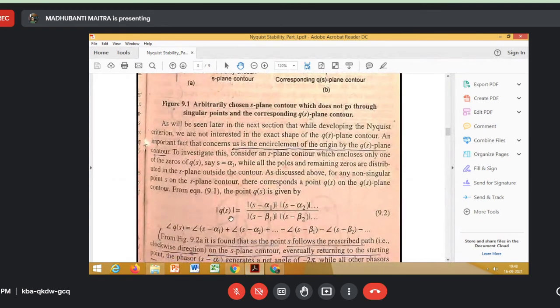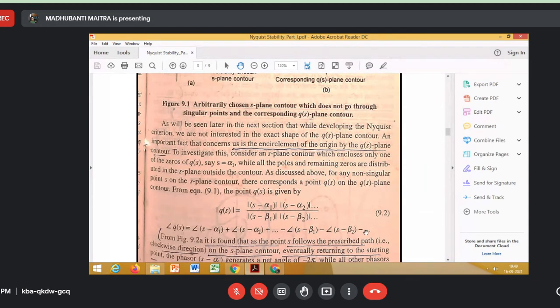The magnitude of QS, as I said, will be given by this expression, and angle of QS will be equal to angle S minus alpha 1 plus angle S minus alpha 2 dot dot dot minus angle S minus beta 1 minus angle S minus beta 2, so on and so forth. Clear?